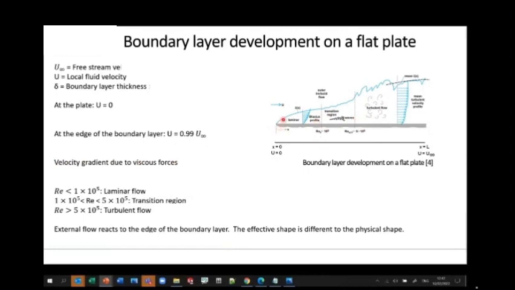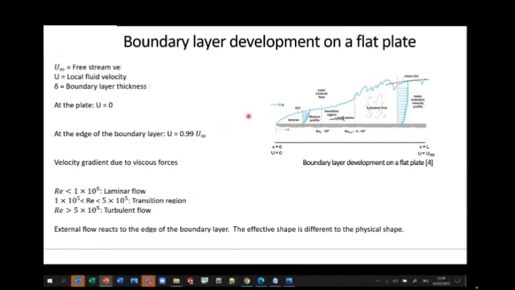So you can see the growth of the boundary layer as it moves along our flat plate is relatively simple. It's being influenced by the viscous forces inside the fluid. It is also being influenced by the fact that our fluid is going from a laminar flow to a transitional region to our turbulent flow.